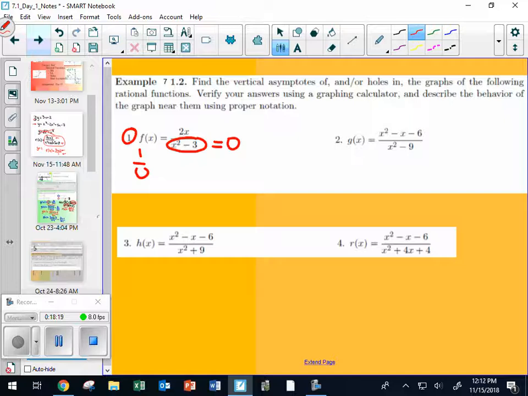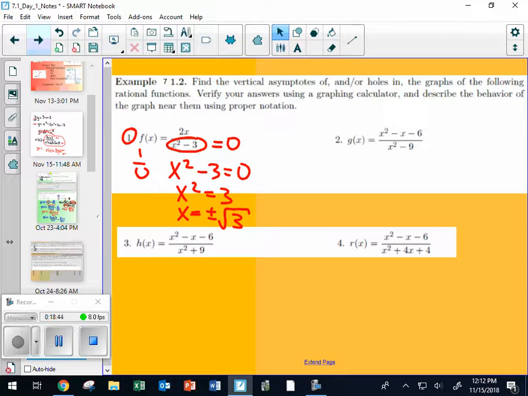And we just solve for the x values. At those x values is when our function will have some kind of vertical asymptote. So if we just look at this here, that means x squared minus 3 is equal to 0. And if we solve this out, that is when x is equal to positive and negative square root of 3.